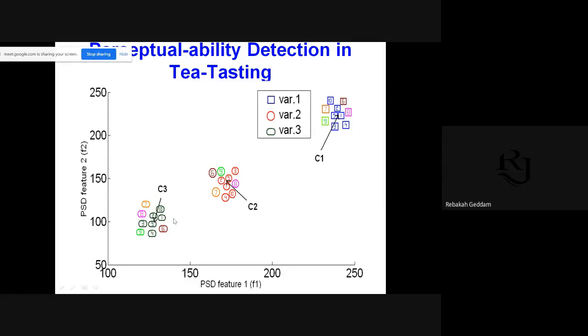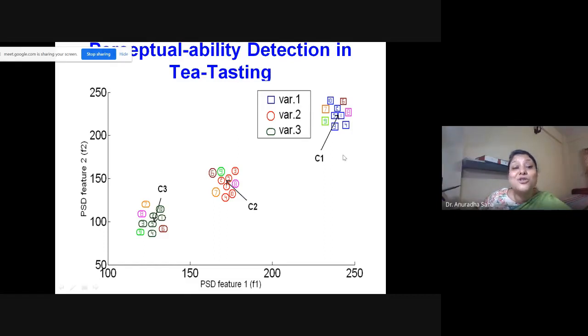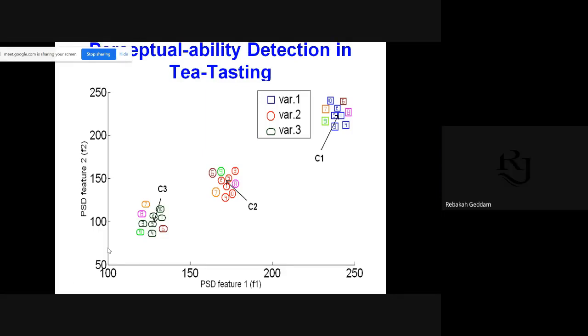So there lies the perceptual ability detection in tea testing, and this has been done on a number of tea testers. There we have found the perceptual ability metric for the tea testers, and we are going to rank them and select the top two or top three tea testers based on their perceptual ability. So this is all about it.